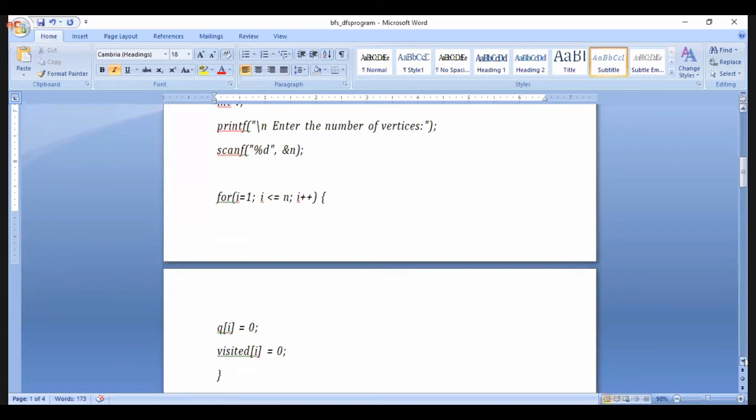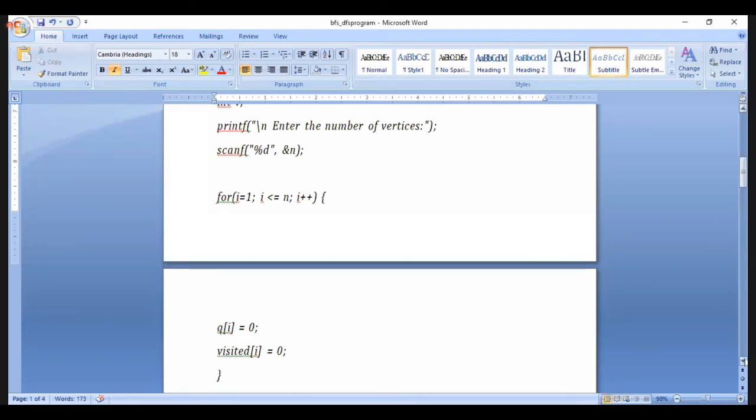Look at the code. After reading the number of vertices, I wrote a loop that iterates n times because I have n vertices. Q of I is initially 0, and visited of I should be 0. I have taken two additional arrays, the q array and the visited array, both initially 0 and of size 5.